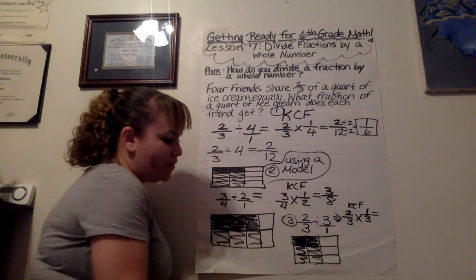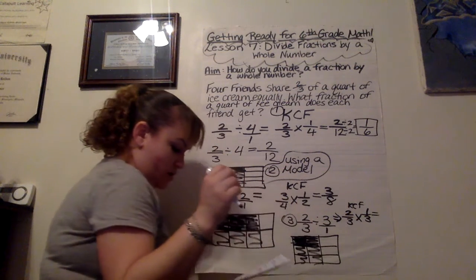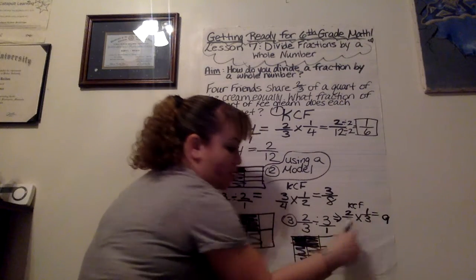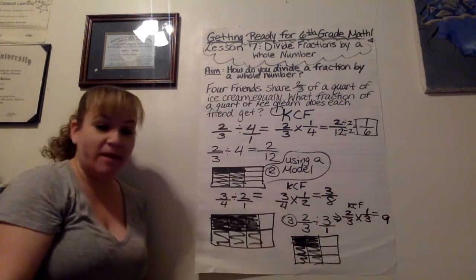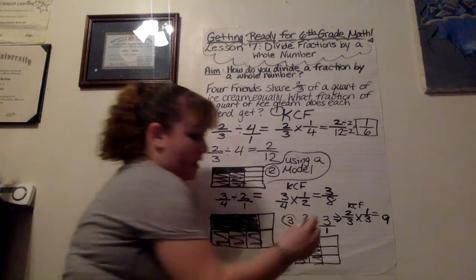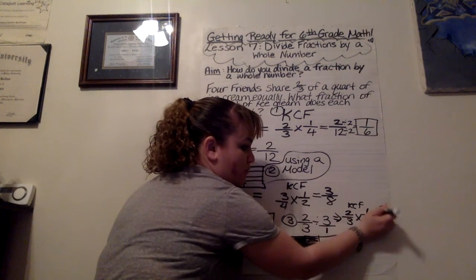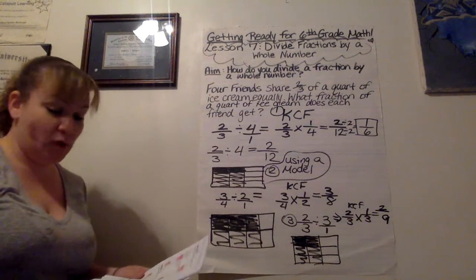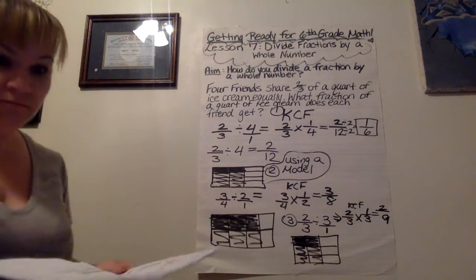How many do I have altogether? 3, 6, 9. And look, 3 times 3 is 9. And how many shaded twice? 2. And look, 2 times 1 is 2. 2 ninths. Can I reduce 2 ninths? No. So that's my final answer.